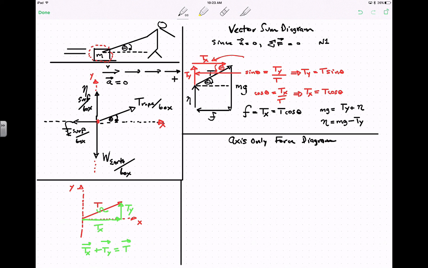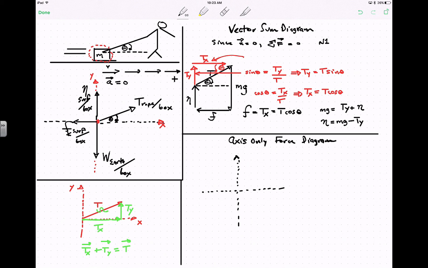Okay? So here's my y-axis. Now I'm just going to redraw. Do you understand why this is called an axis-only force diagram now? All the forces are on our defined axes. There you go.